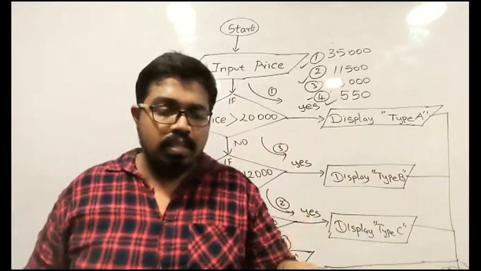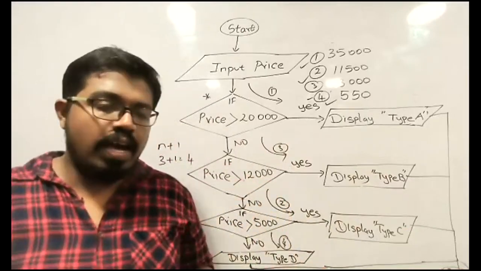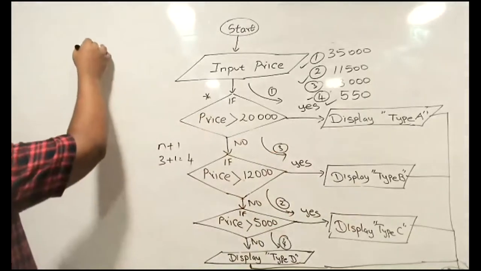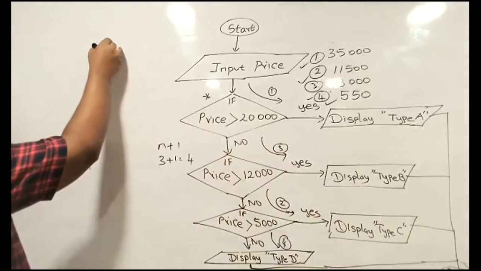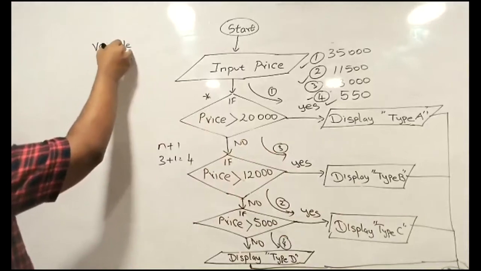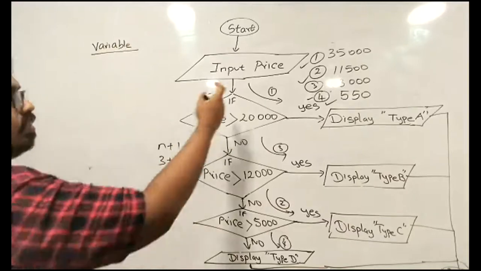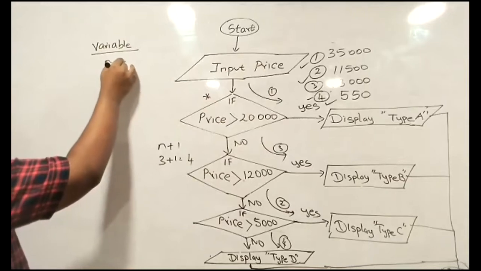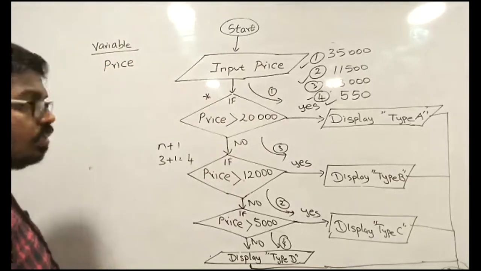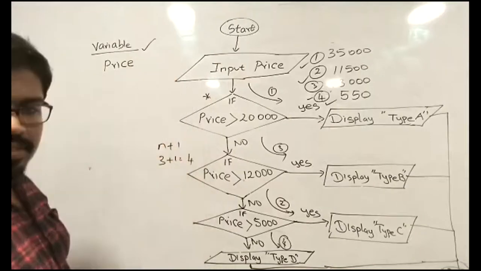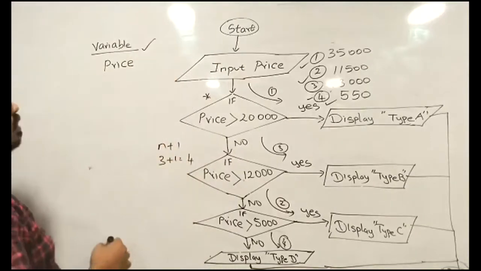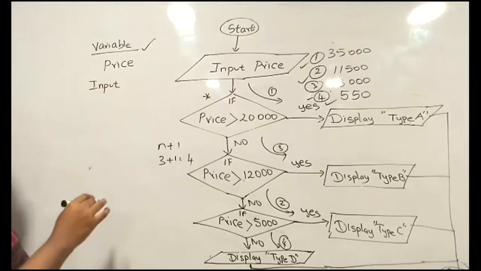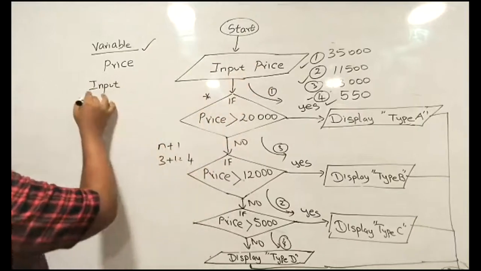So in this question, I will initially write the variable. The variable is price. There's only one variable, price. So the variable section is done. Second one, input. Input is also price.